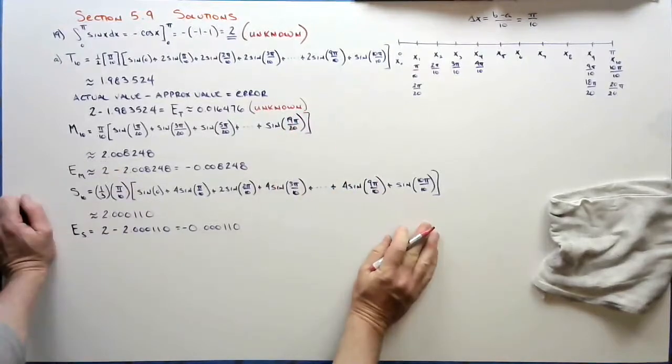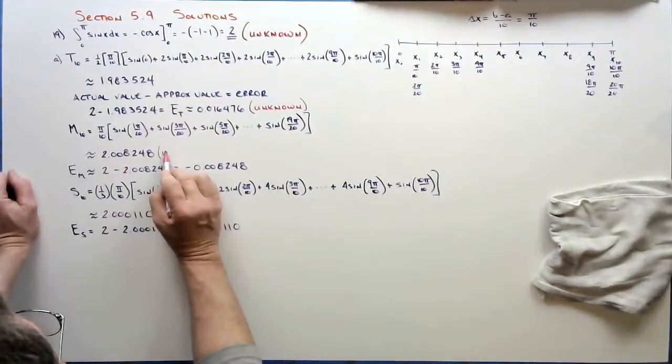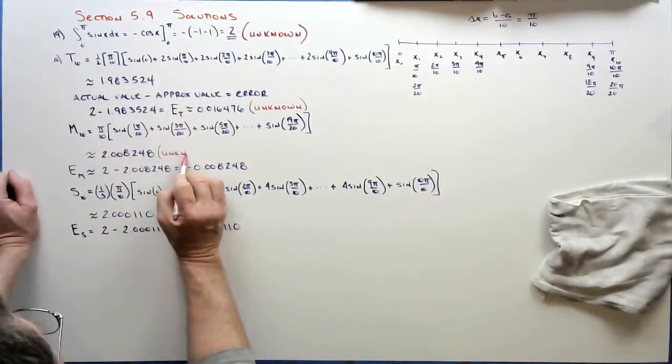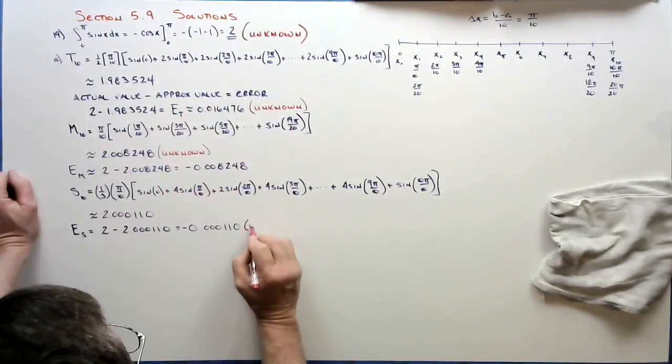We wouldn't know what the real error is because we wouldn't know what the actual value is, and you need the actual value to calculate that. This would be unknown. And finally down here, this would be unknown.